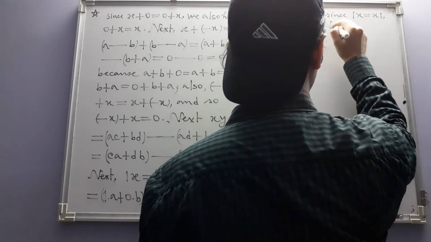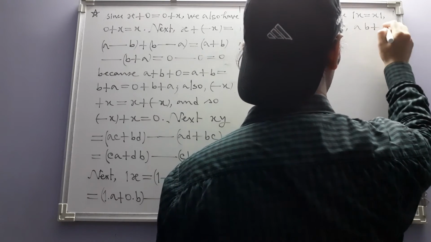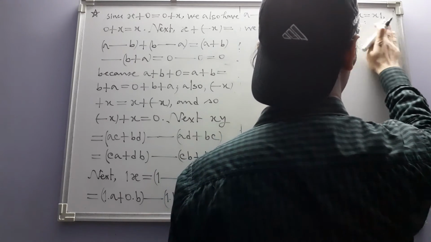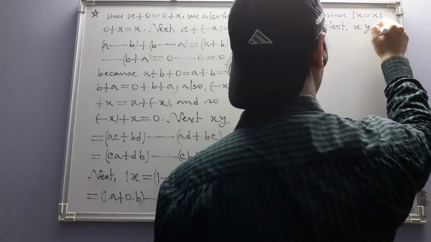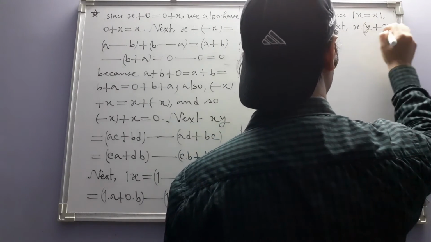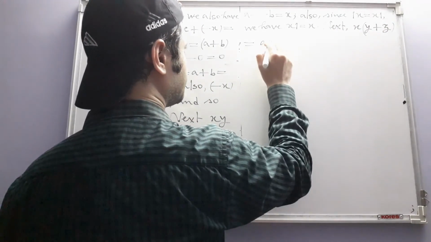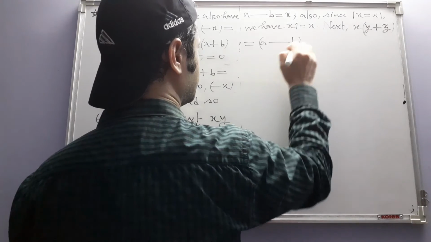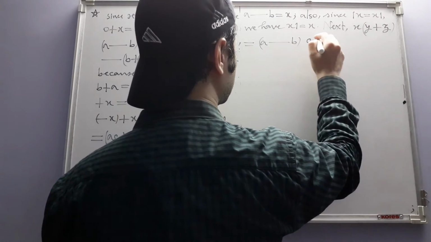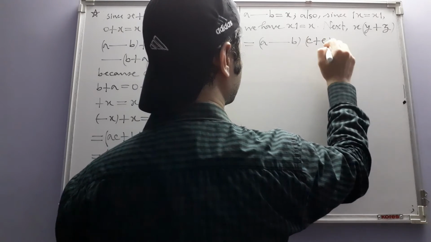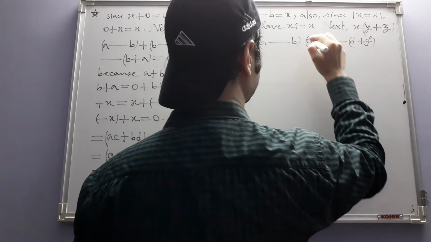Next, x times (y plus z), what am I writing? This is equal to (a dash b) times ((c dash d) plus (e dash f)). So (c plus e) dash (d plus f).